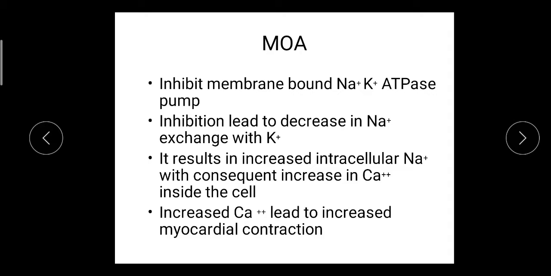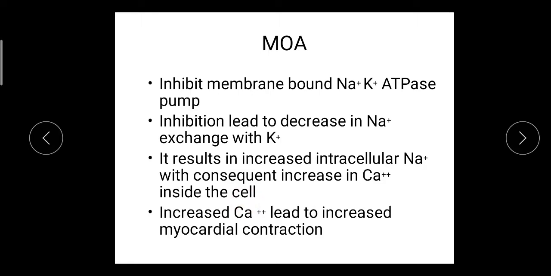They inhibit that sodium potassium ATPase, and due to the inhibition it decreases the exchange of sodium with potassium. This results in increased intracellular sodium, since sodium is retained inside the cell, with a consequent increase in calcium inside the cell.